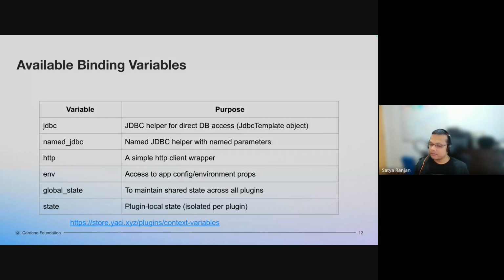And global state is something where, let's say you want to maintain some state which can be retrieved by any other plugin, then you can use global state. It's like a hash map where you can store any kind of data. And finally, the state variable is basically a plugin-specific local state. When you type state, it's attached to your plugin type, right? We have a demo. We'll go through it later.